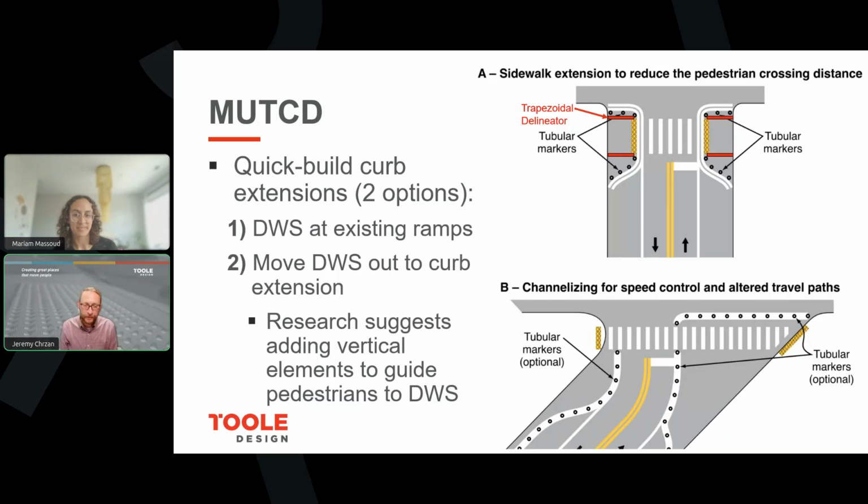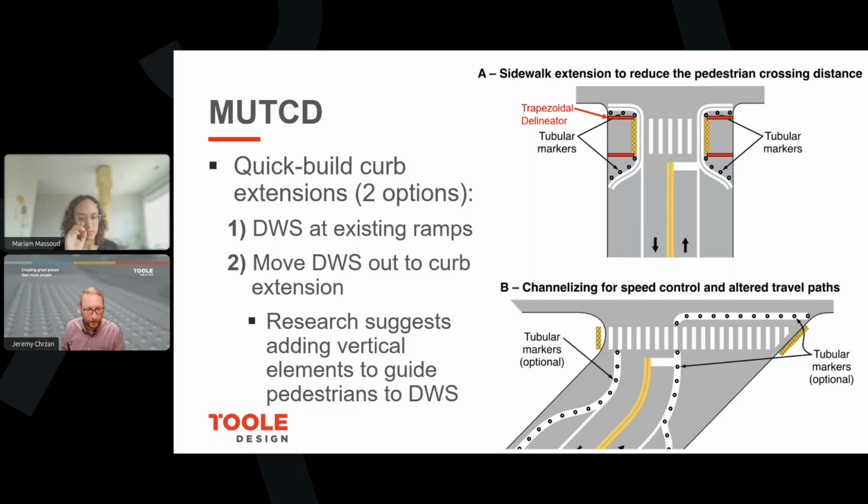Quick build curb extensions is something that PROWAG doesn't explicitly discuss, but actually the MUTCD does have some imagery of what we're talking about. And so it relates to the two options that we have available to us to do a quick build curb extension or intersection daylighting.